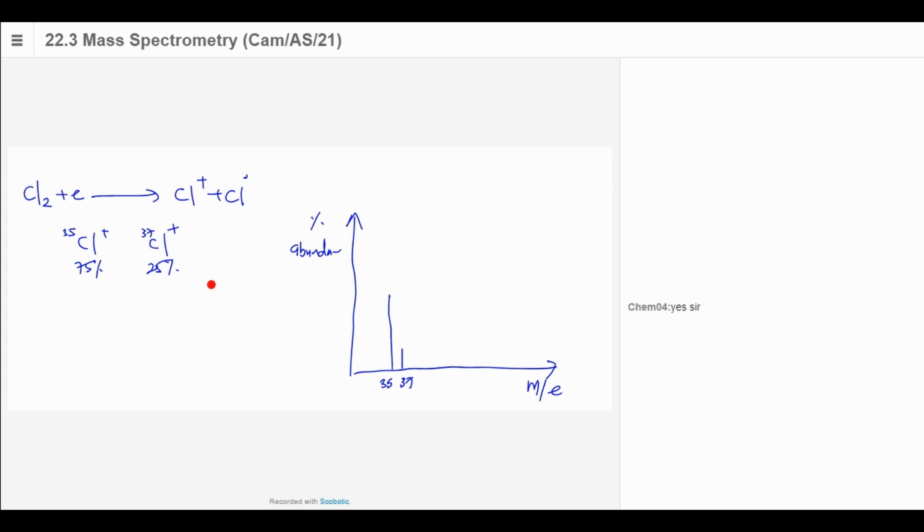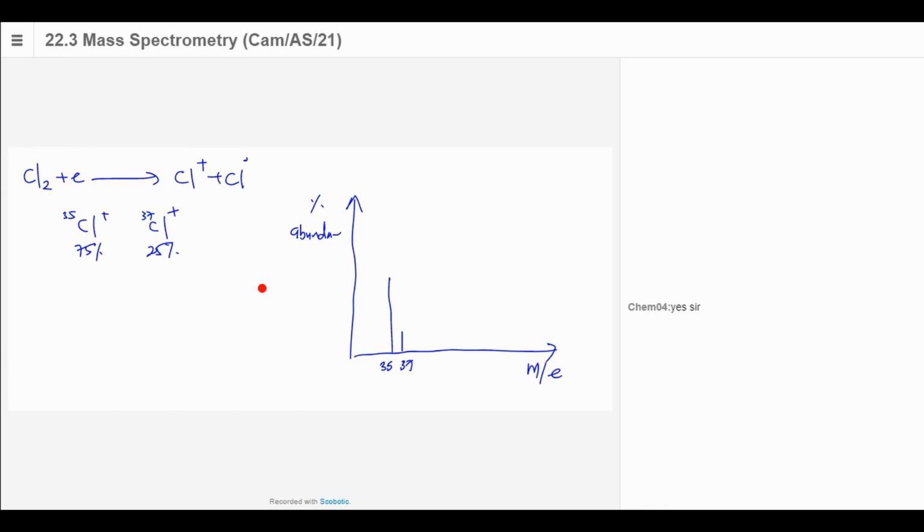And as for the molecule ion, the molecules which do not undergo fragmentation are accelerated, deflected, and detected. So there are three possibilities for molecule ions here. You have chlorine 35 combined with chlorine 35, resulting in chlorine 70 plus molecule ion. You get a peak at 70.